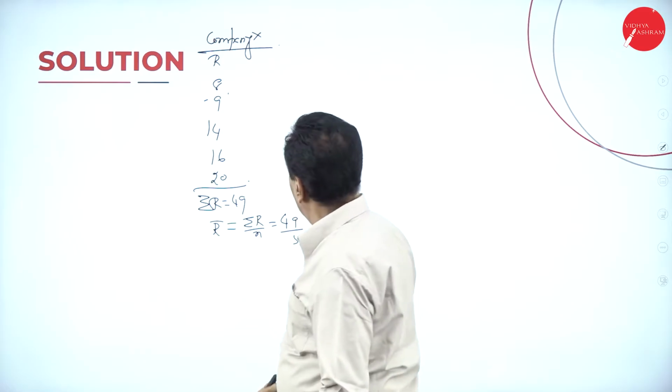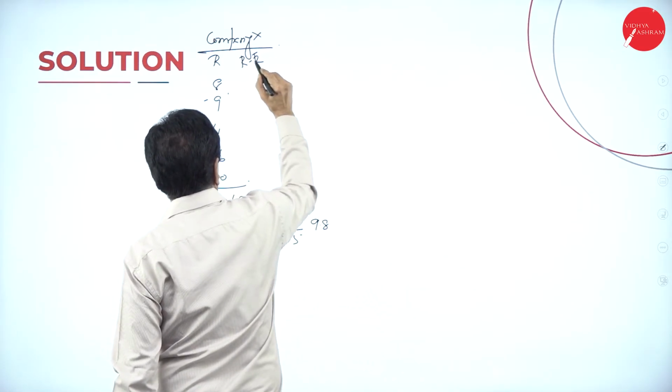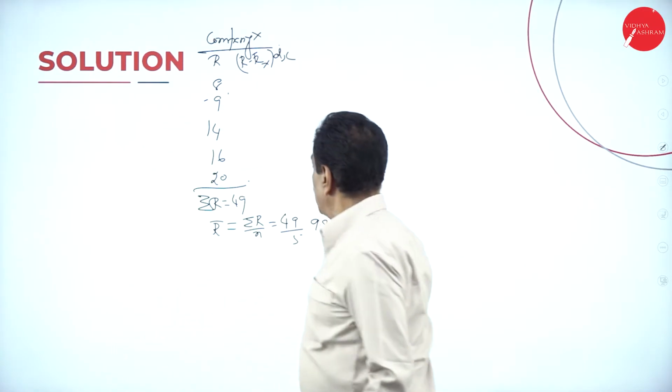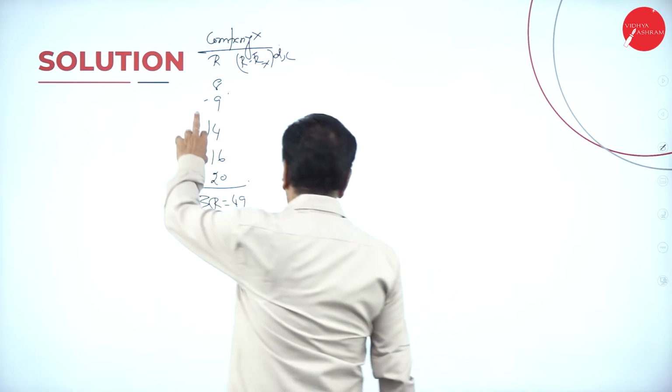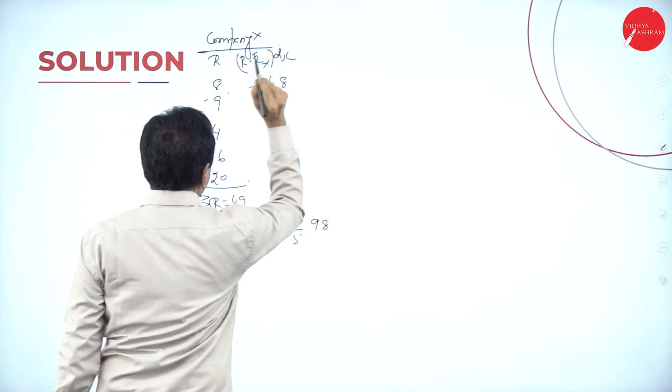Now take the deviation. This is R minus R mean x. We can call this dx. 8 minus 9.8 is minus 1.8.